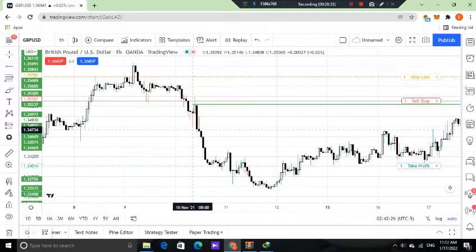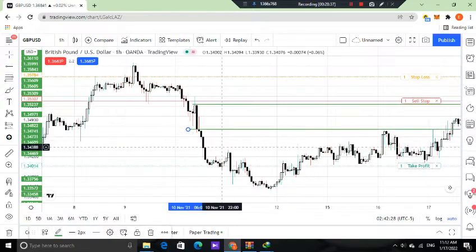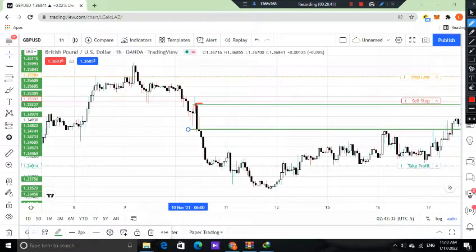You see this breakout here? You see it right here, as you can see. And this close of this breakout acted very well as a resistance.